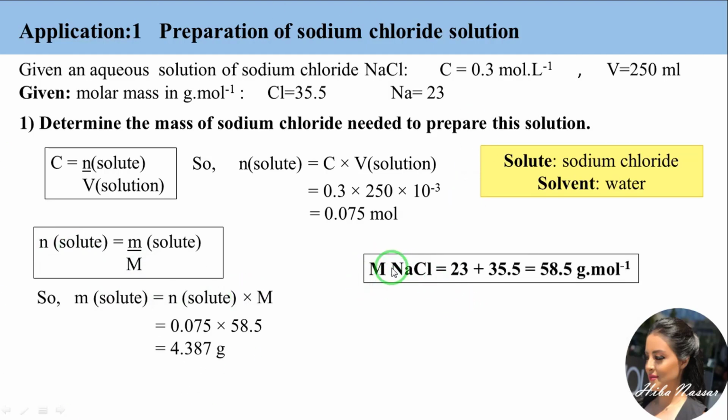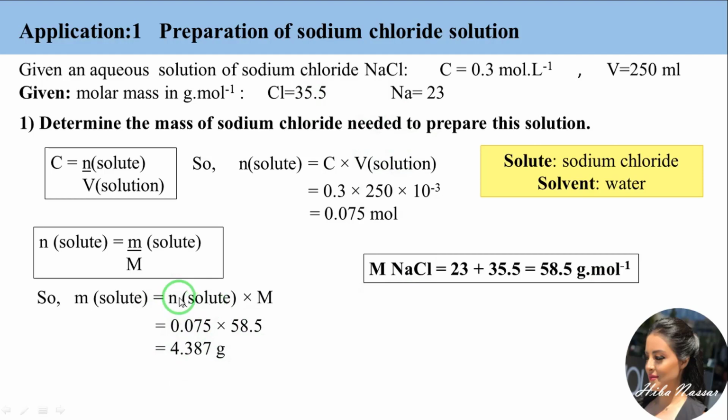Here we have the molar mass for NaCl. It is equal to the molar mass for Na, which is equal to 23, plus the molar mass for chlorine, which is equal to 35.5. So we get that the molar mass of sodium chloride, of this used solute, is equal to 58.5 gram per mole. So you have to just substitute here the values.